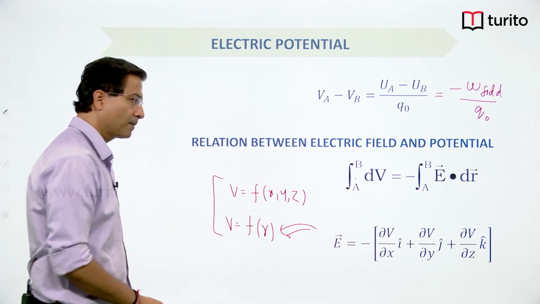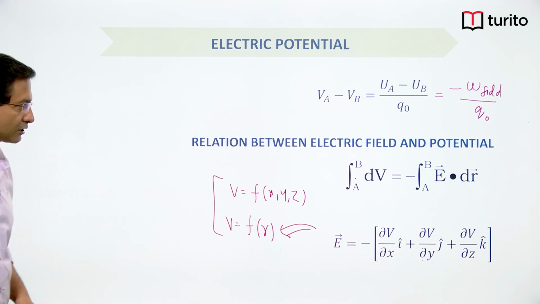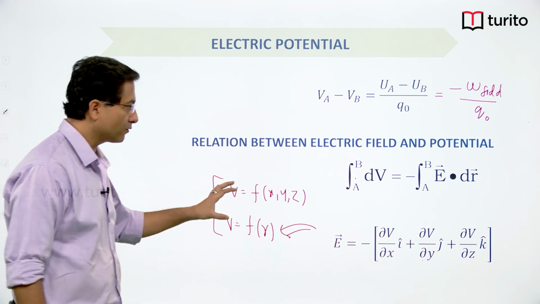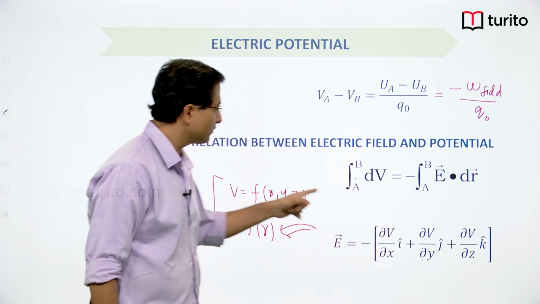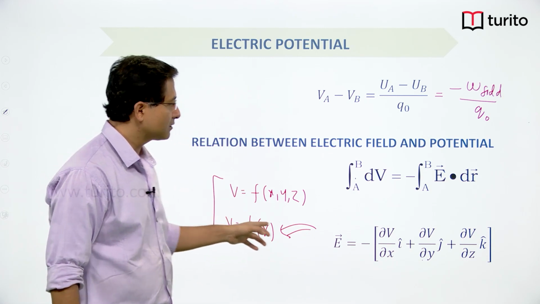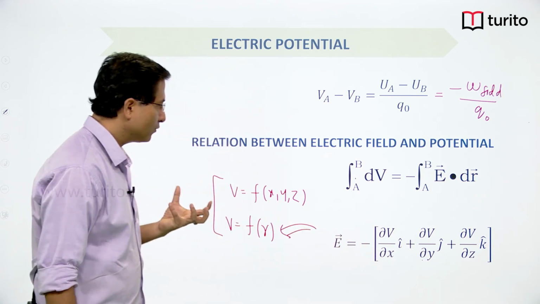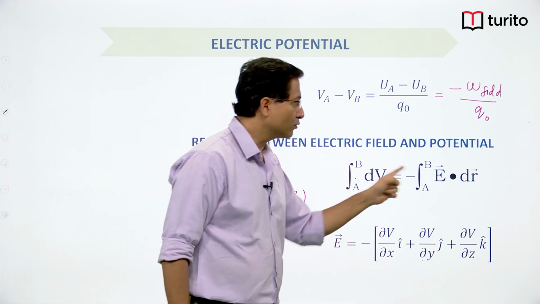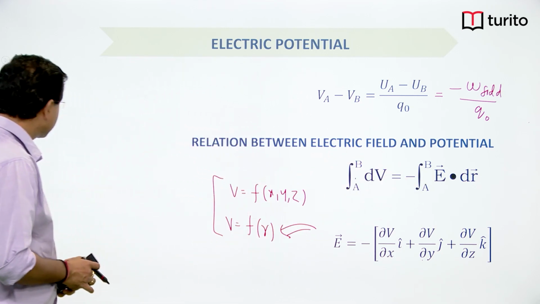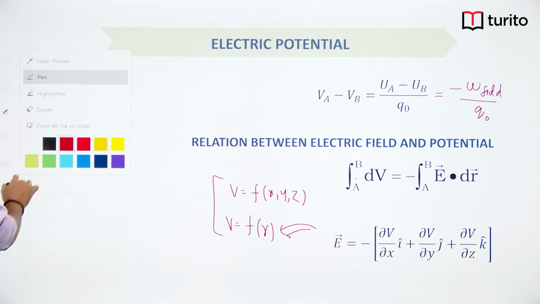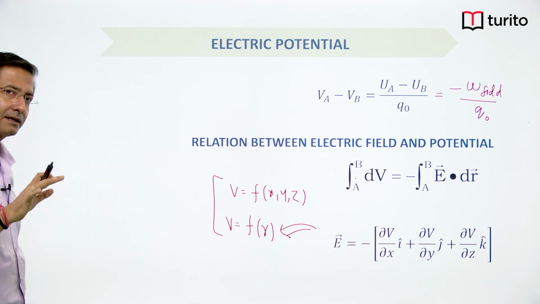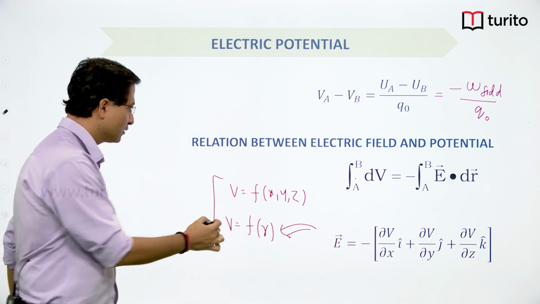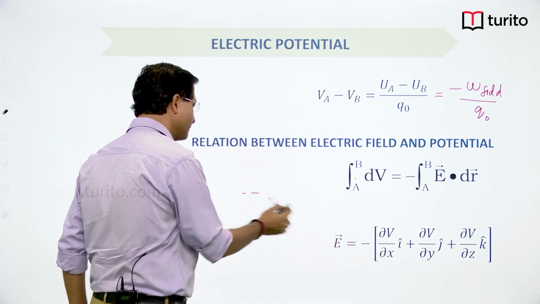What to do? How to get field for this situation, if V is the function of x, y, z or V is the function of r. Now, if field is given, how to get the potential difference? Let us take one example, so that this concept will get completely clear. So, I will take another example.